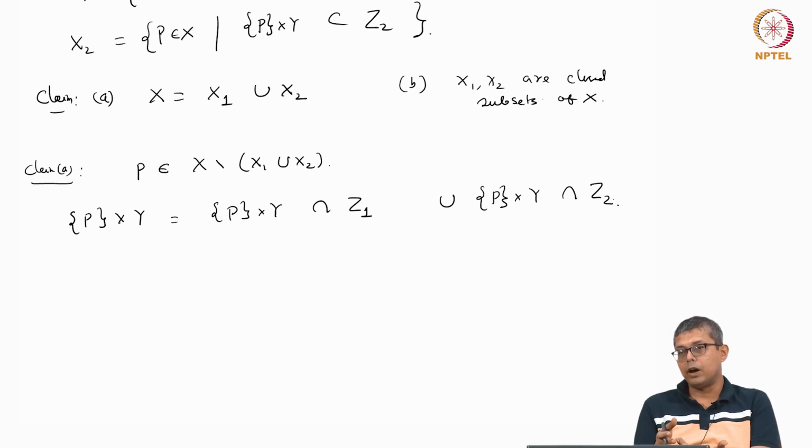So P cross Y, I can write as P cross Y intersection X cross Y. But X cross Y is Z1 union Z2.